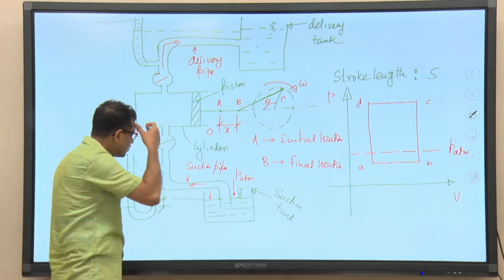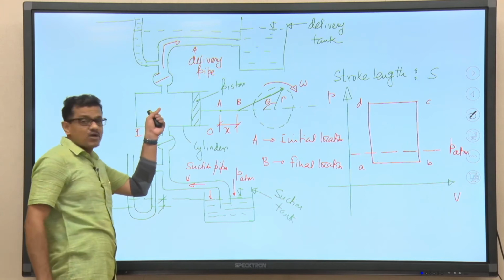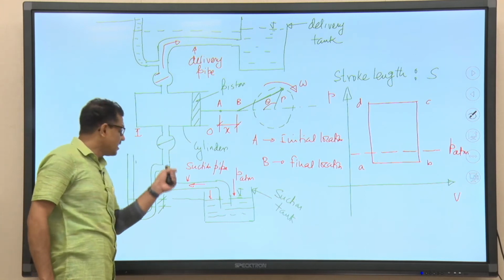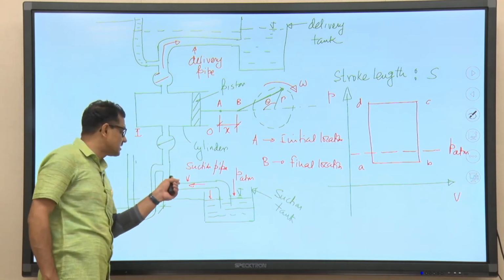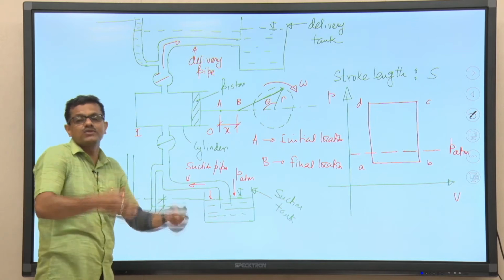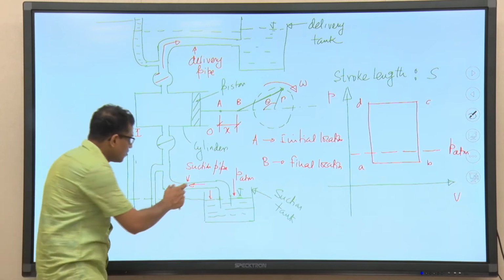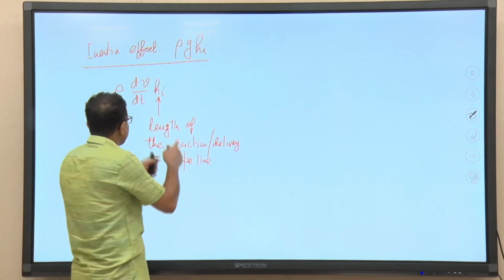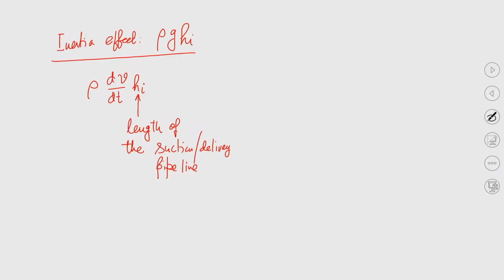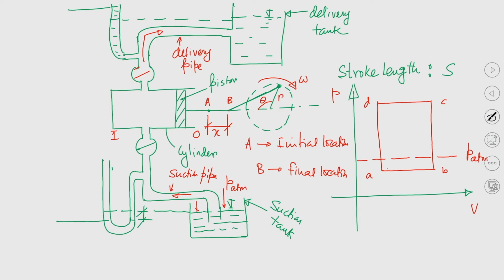The liquid in the suction pipeline will not respond to that, due to inertia. What I have written here, h I, relates to the liquid volume in the suction pipeline. So when we calculate the pressure due to the inertia effect, we have to consider the length of the suction pipeline as well as the delivery pipeline.